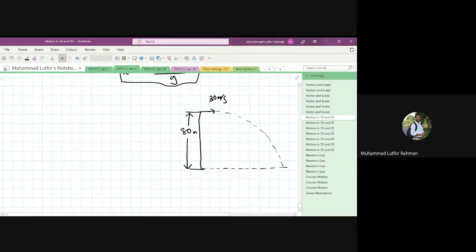Now, my question is, what is the time of flight? Time of flight, first question. Second question, what is that horizontal displacement? Or you can say the range. This is not range, actually. I should say, what is x, the horizontal displacement? And number three, what is the final velocity when it strikes the ground?